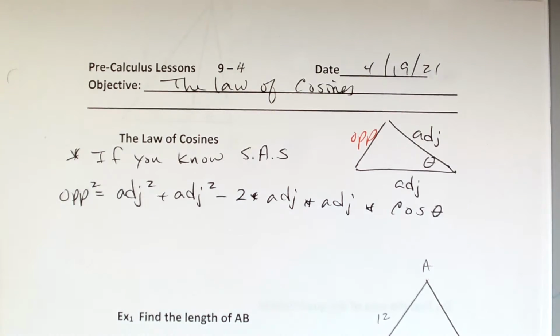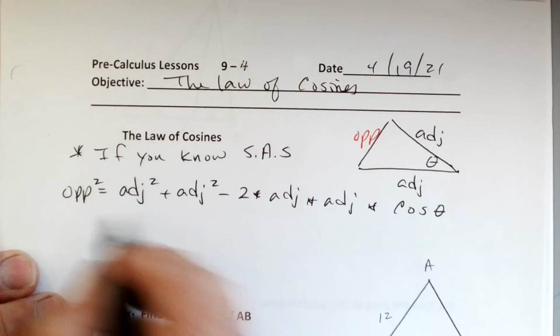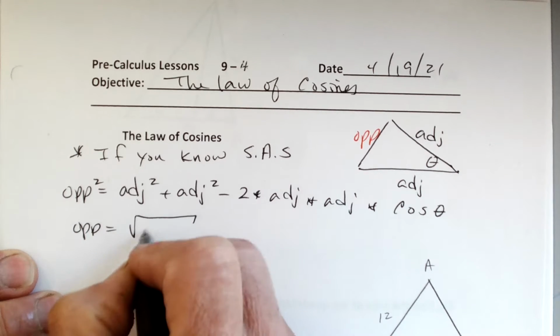I told you it was a long formula, right? But it's not hard. The next step is just to take the square root of that answer because it's opposite squared, so the opposite equals the square root of that answer.